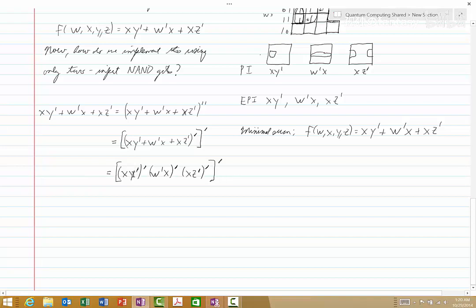It would be easy to get y prime from y, w prime from w, and z prime from z. And once we have those primed variables, then using the Toffoli gate, we know that we can implement this NAND function. Here's a two-input NAND, here's a two-input NAND, and here's a two-input NAND.